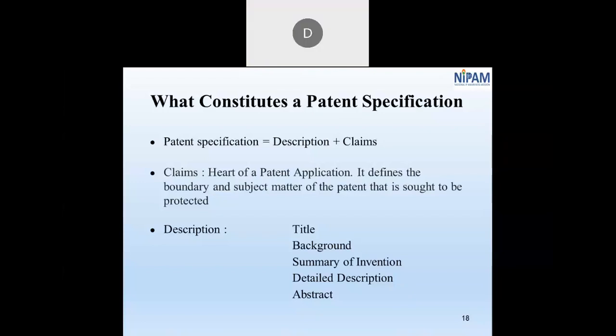A description in a patent parlance has various dimensions. It has a title, the name of your invention, background, the area in which you are working, summary of your invention, detailed description, abstract. Detailed description consists of all the steps which you have taken in order to reach that particular result.